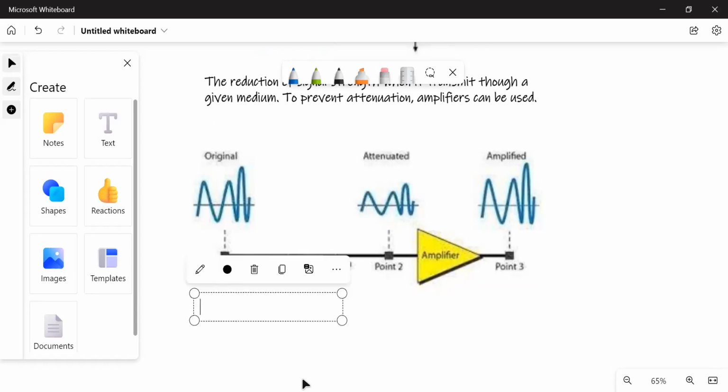So the next topic is distortion. Distortion.